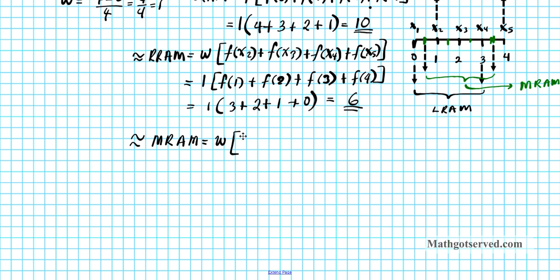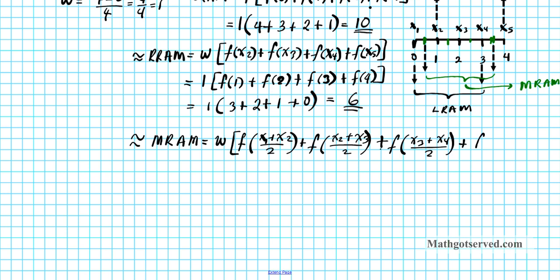So it's going to be f of the average of the first two, x1 plus x2 over 2, plus f of the average of the next two, x2 plus x3 over 2, plus f of x3 plus x4 over 2, plus the last one, f of the average of x4 plus x5 over 2. So that's what the midpoint rectangular approximation is.